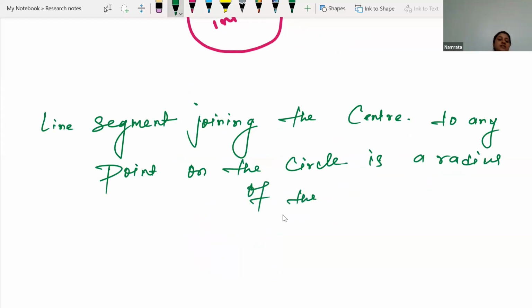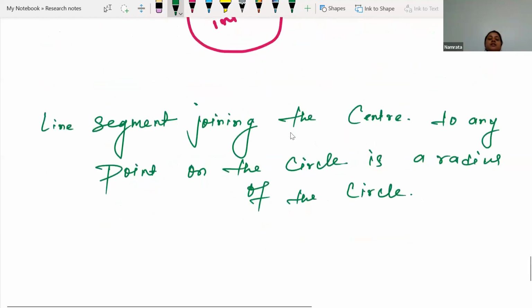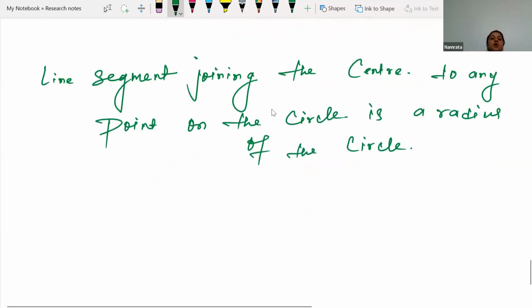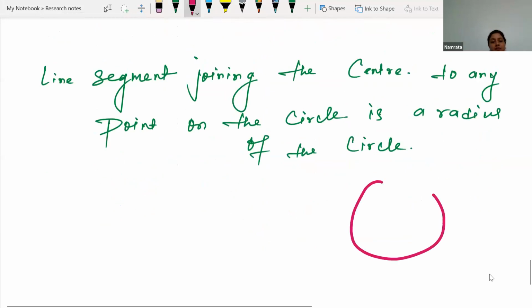Is it true or not? The statement says line segment joining the center to any point on the circle. Obviously, whenever we join the center of the circle, the fixed point, to any point on the circle, this is a radius, this is a radius, these are all radii.